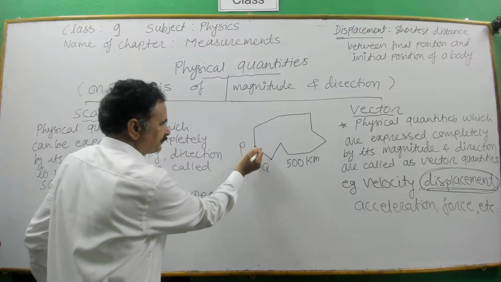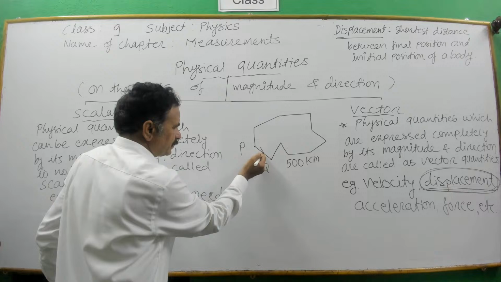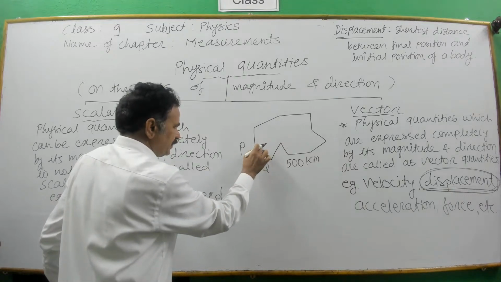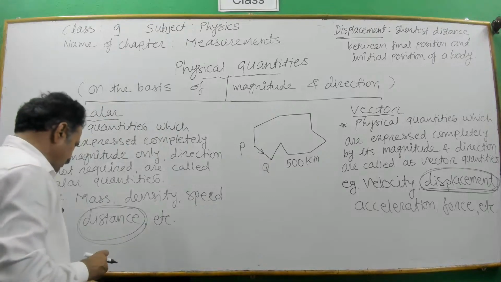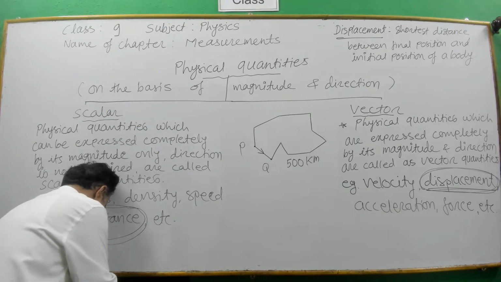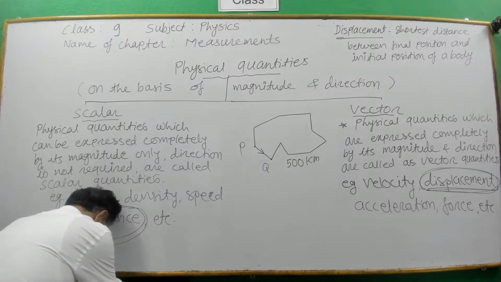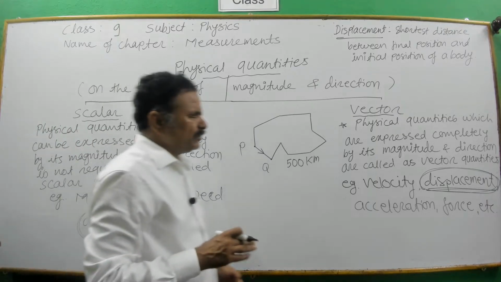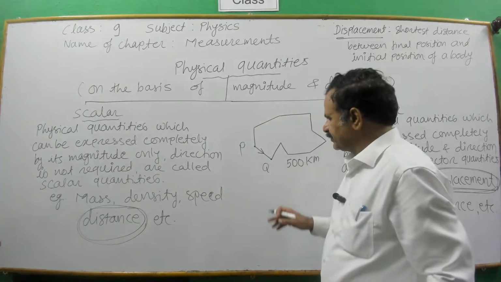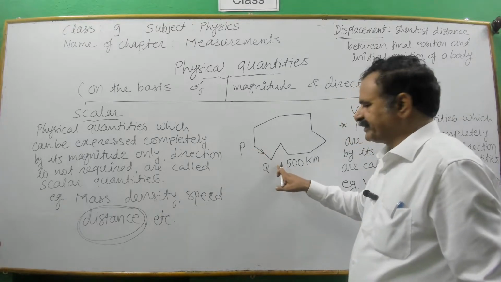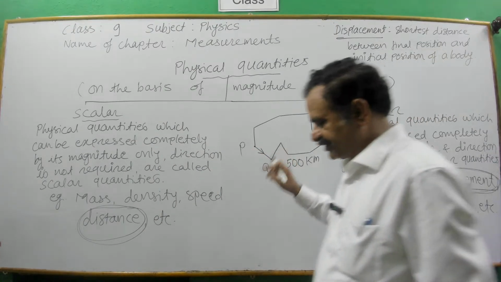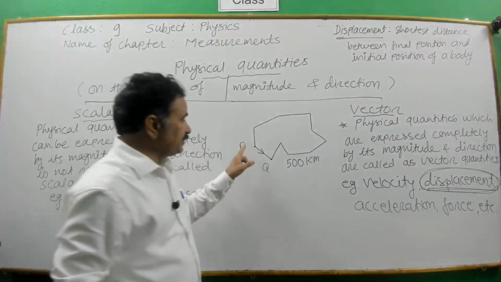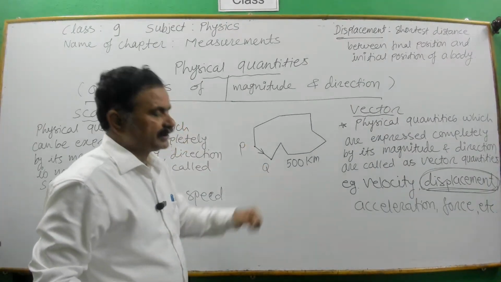Straight in this particular direction. If I move from P to Q, then only I can go straight, and then we will obtain the shortest displacement, shortest distance. ये distance भी है बच्चों अभी, and this is a displacement also.